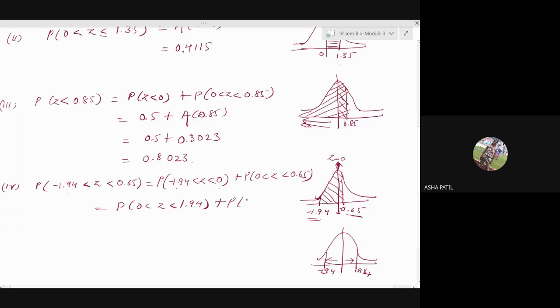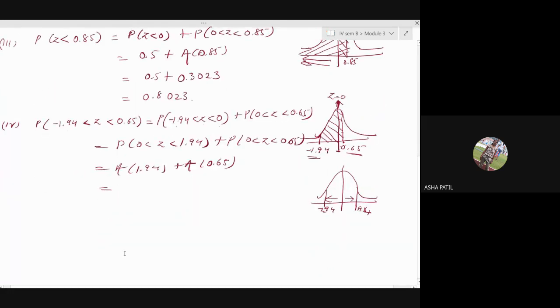Plus again probability that 0 less than z less than 0.65. Now this is nothing but A of 1.94 and the second one is nothing but A of 0.65. Then add these two so that you get the total probability that z lies between minus 1.94 and 0.65.